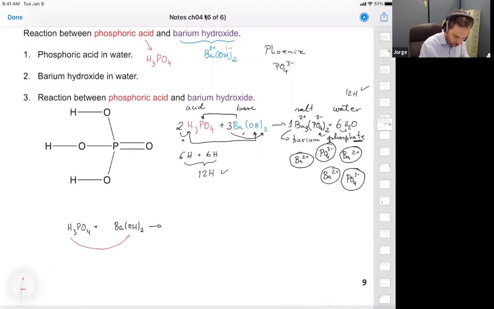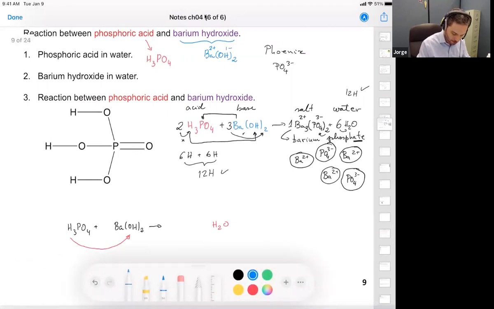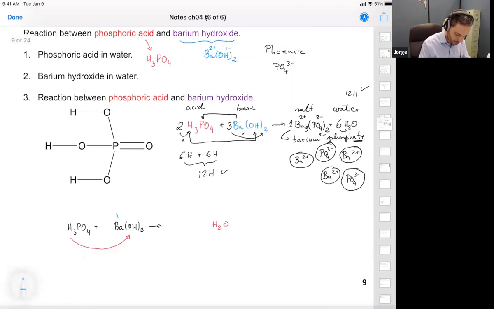It's always going to form water and a salt, okay? The water is the result of the reaction between hydrogen and OH, and the salt is going to be formed by barium reacting with PO4. Barium and PO4.